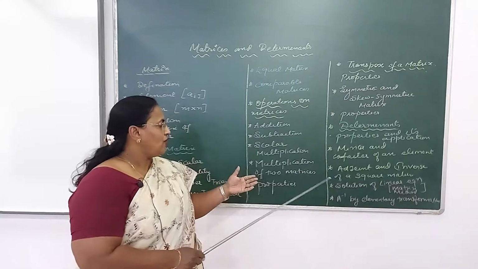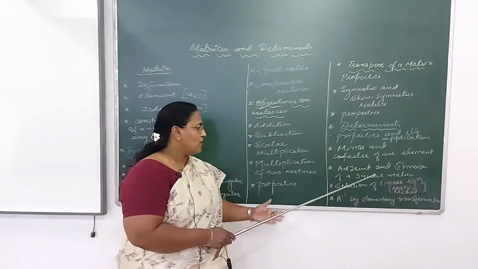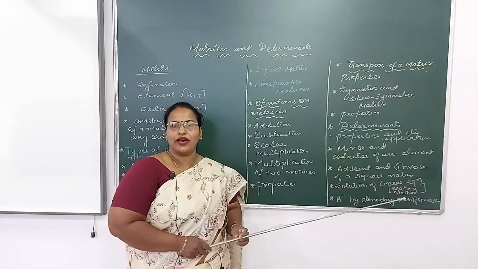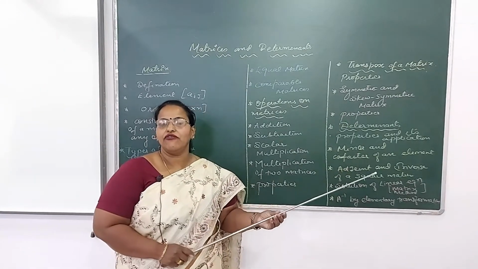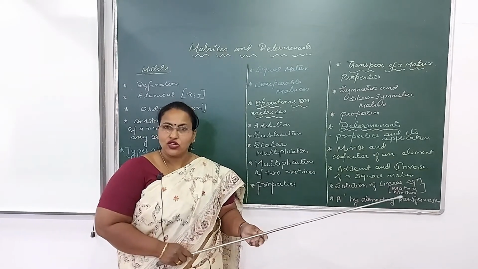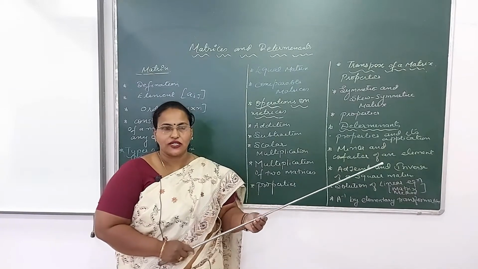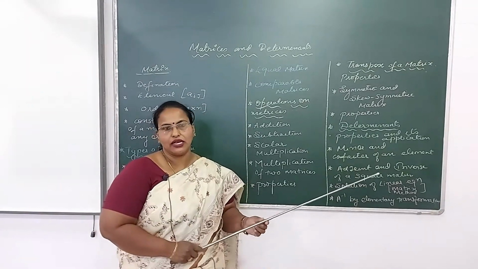Next, you will be requiring all these for the next topic, that is adjoint and inverse. So what is adjoint and inverse of a square matrix? Adjoint of a square matrix is basically the transpose of the cofactor matrix. So for that you will be requiring cofactors. Then comes the term inverse of a square matrix.